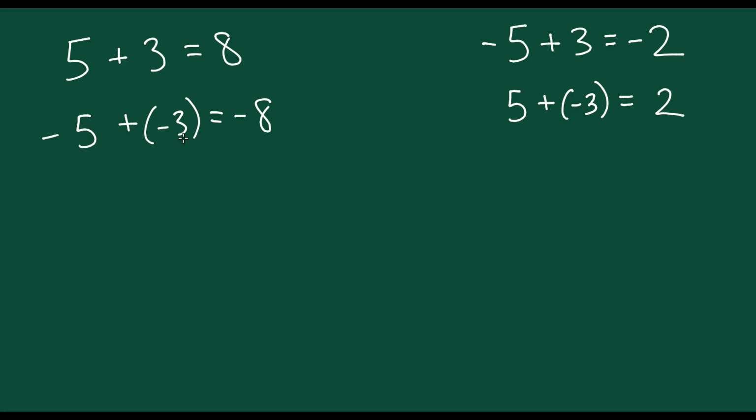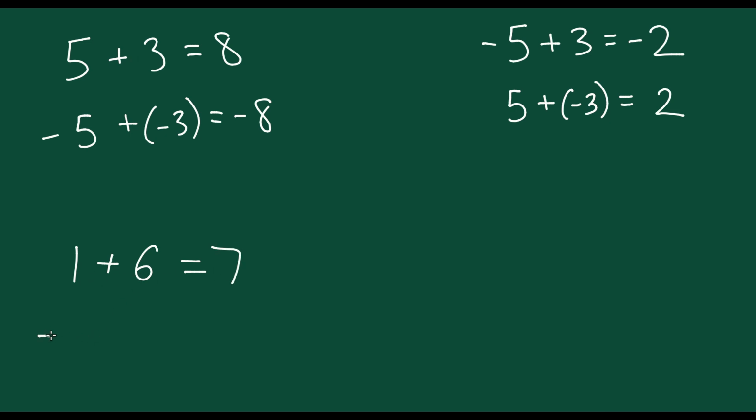Negative 5 plus a negative 3. 5 plus 3 is 8, and you make it negative because the 5 is negative. Okay, so let me do a different set of numbers with the same rule. What about 1 plus 6? 1 plus 6 is 7.